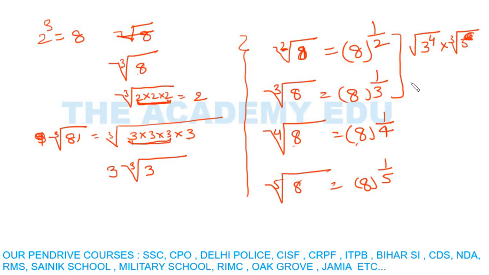So what I will do: 3 power 4, and if you remove the root, you will get a 2 here, into 5, and if you remove the cube root, you will get a 6 here.